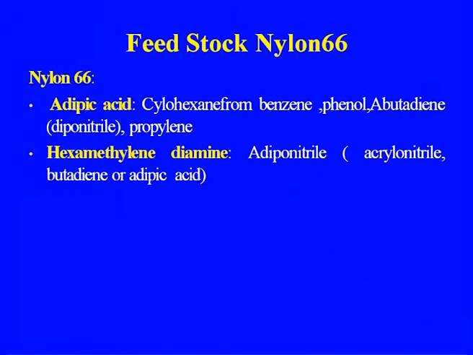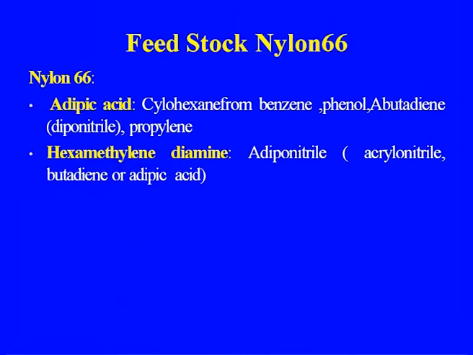Another route is phenol, and butadiene via adiponitrile: from butadiene we get adiponitrile, which is used for adipic acid. Propylene is another route, because it is used in the manufacture of other intermediates, which are finally converted to adipic acid.